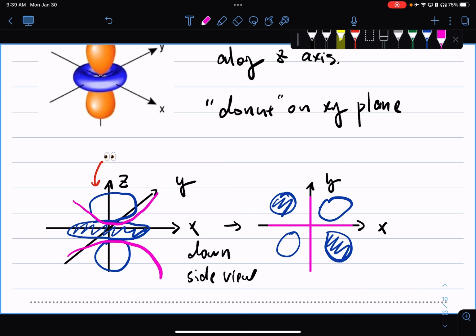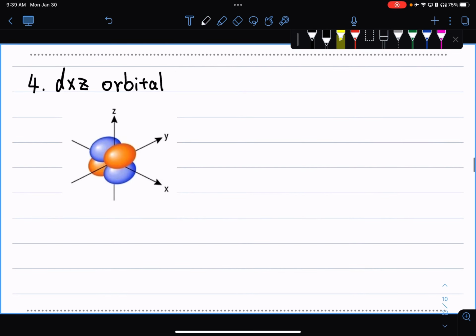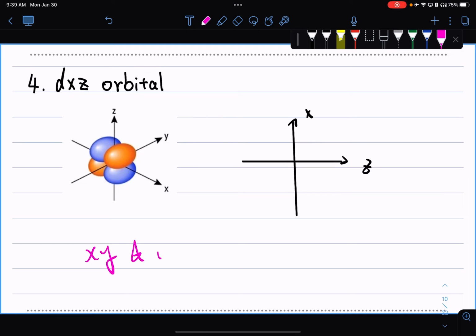Okay, and before we move on, we have two more atomic orbitals to draw. We have the XZ. So my XY and YZ are my node planes. And we can shade it accordingly.